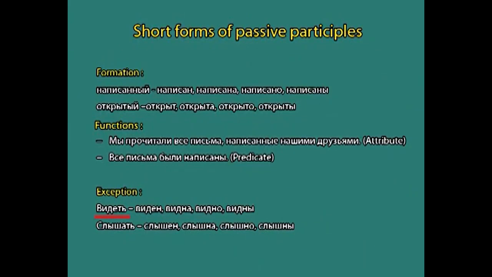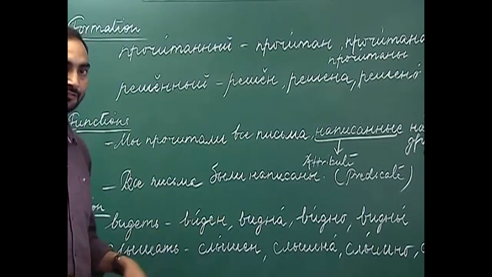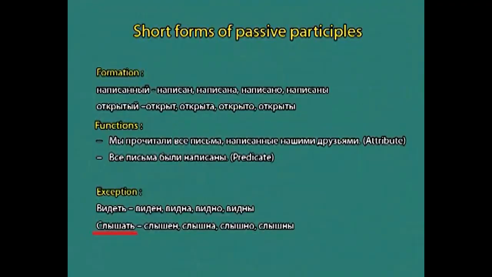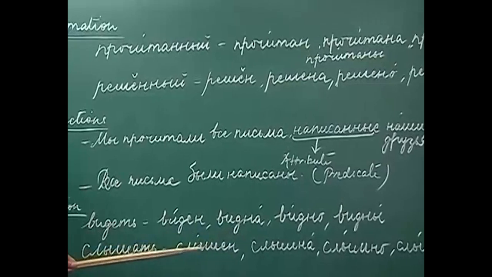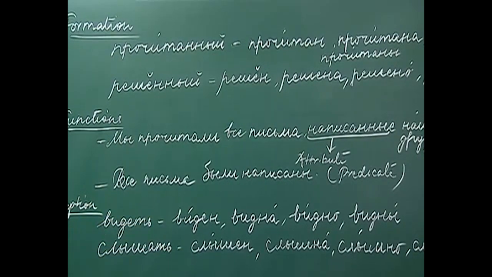So, from vidich we form vijan, vidna, vidna and vidni. So, these are the short forms of the participle from the verb vidich, and from slishach, slishin, slishna, slishna and slishni. So, these are the short forms formed from vidich and slishach.